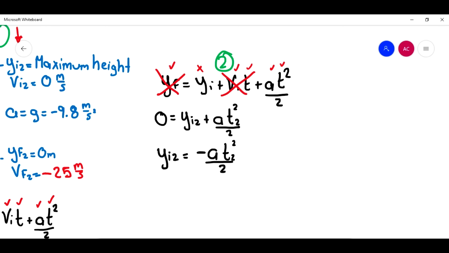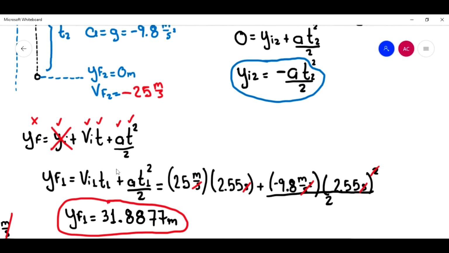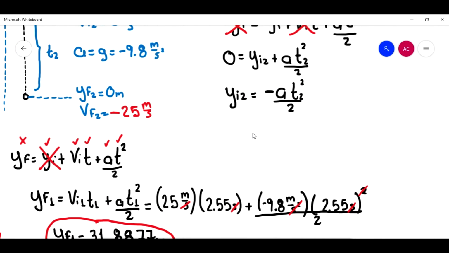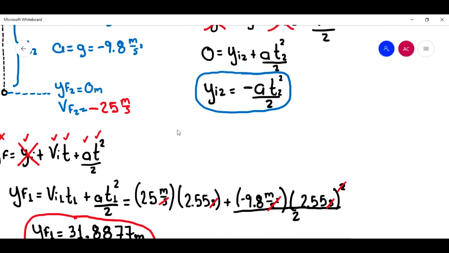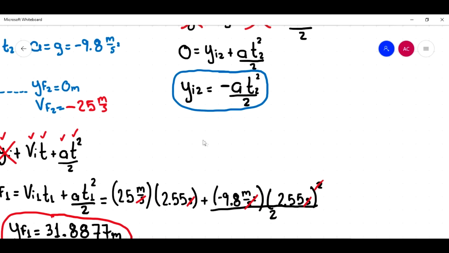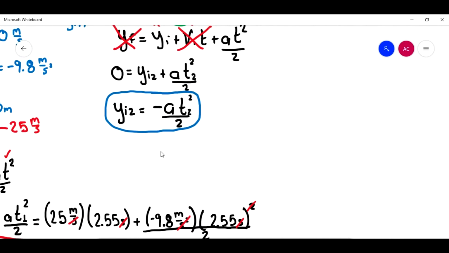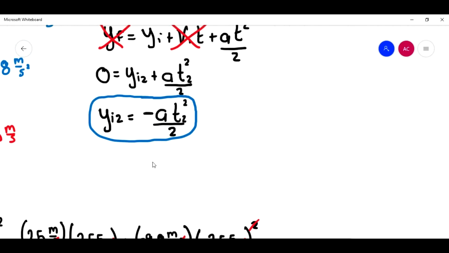So if you see, I get an equation that is shorter than this one, and that's an advantage. I believe that's an advantage because the longer the equation, the more problems you might get by solving it, because the probability that you make a mistake increases.